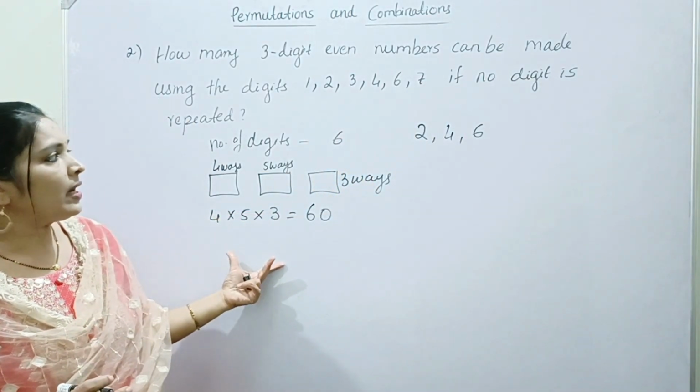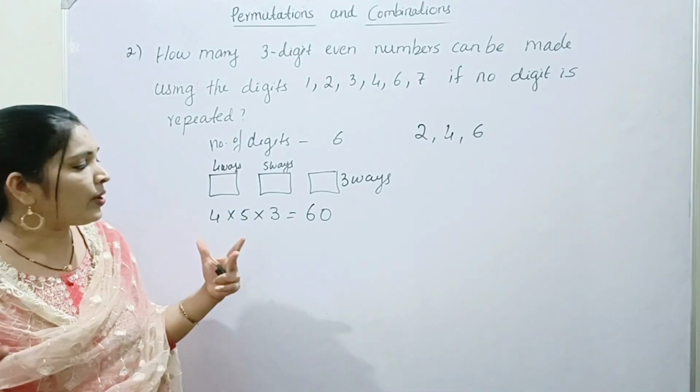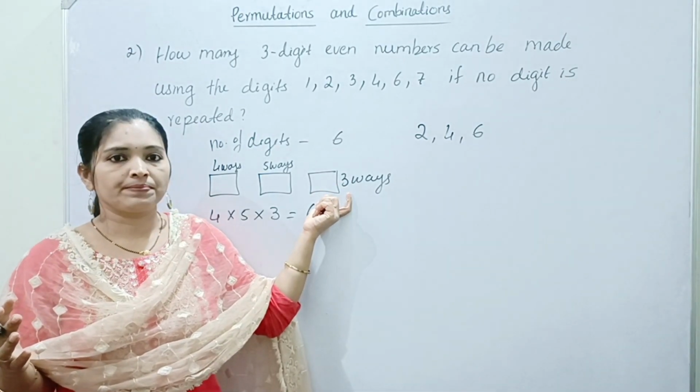You can solve this using the formula also. First, you will find the permutation of the unit place.